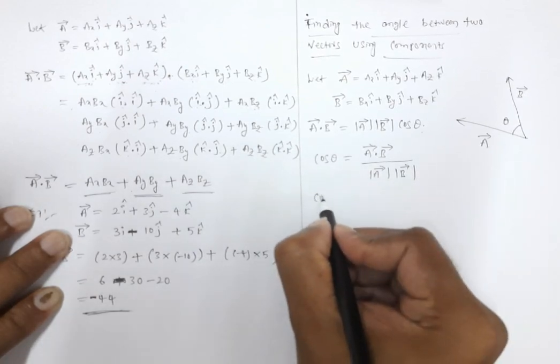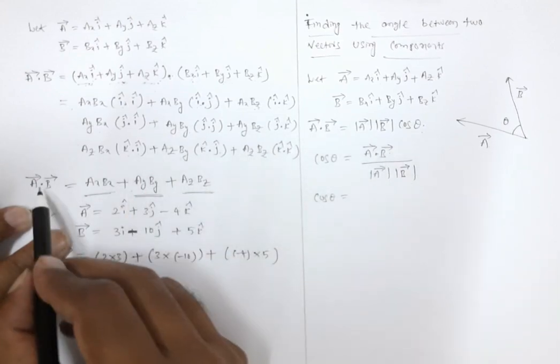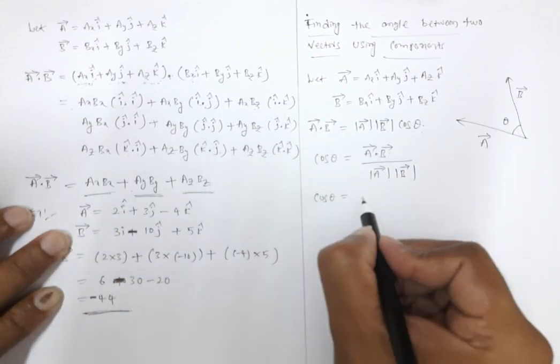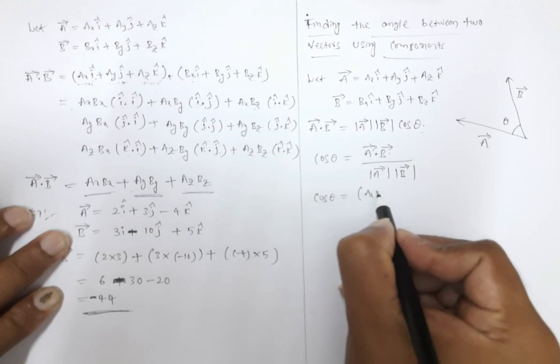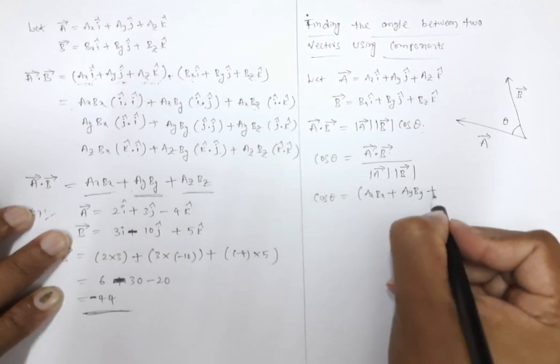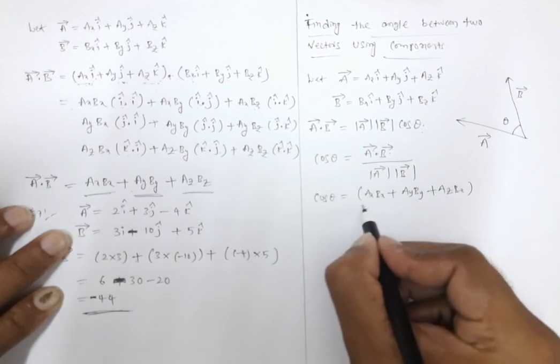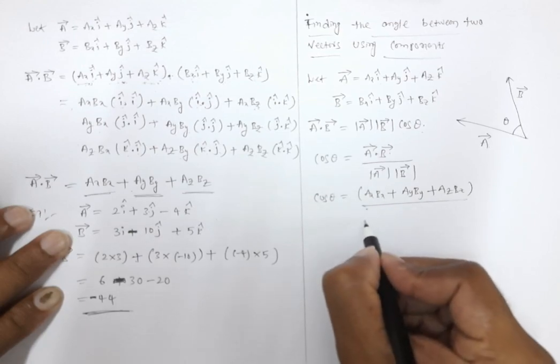If we know the components like this, how do you find a bar dot b bar? Just now we have seen a bar dot b bar, so we write ax bx plus ay by plus az bz divided by the magnitude of a bar.